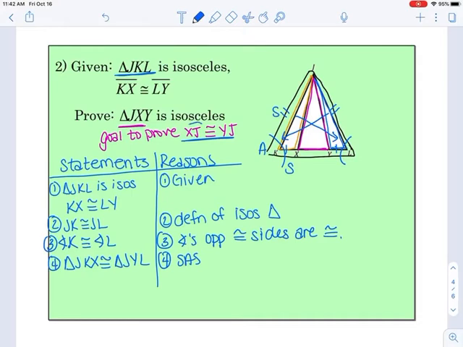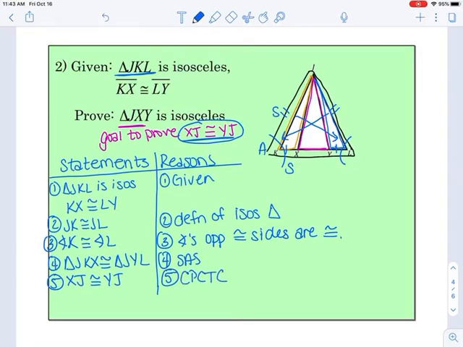So again, our goal was to prove that these two things were congruent. I have not done that yet, but I can do that now because again, XJ is part of my orange triangle and YJ is part of my blue triangle. So I can now say XJ is congruent to YJ, and that is because of CPCTC.